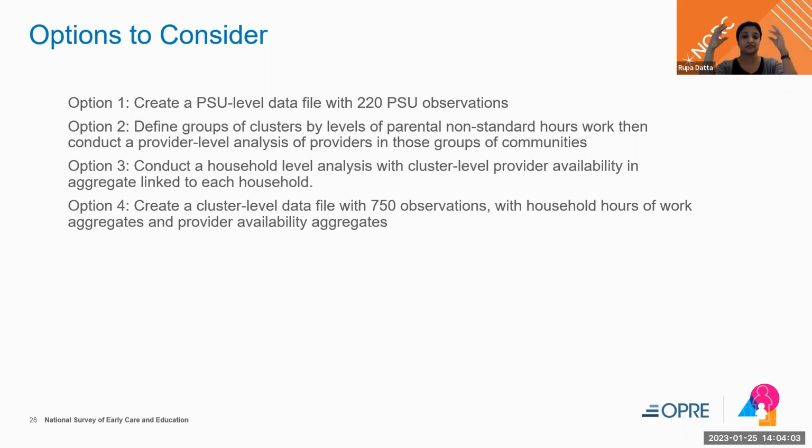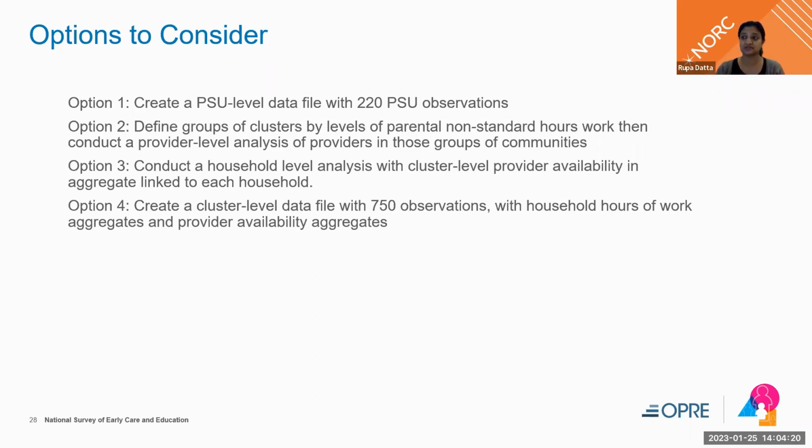And so you have these two county level measures, one on the household side, one on the provider side, and you treat your data set as 220 observations. You could correlate them, you could cross-tab them, whatever.